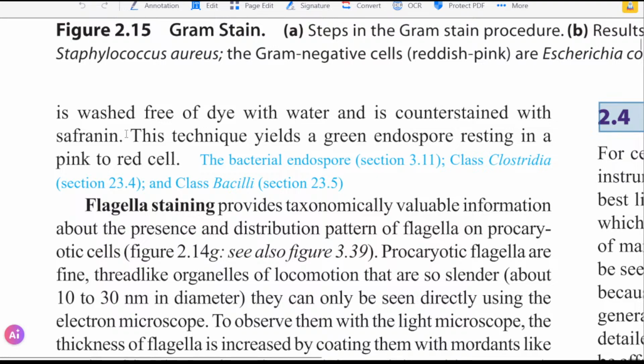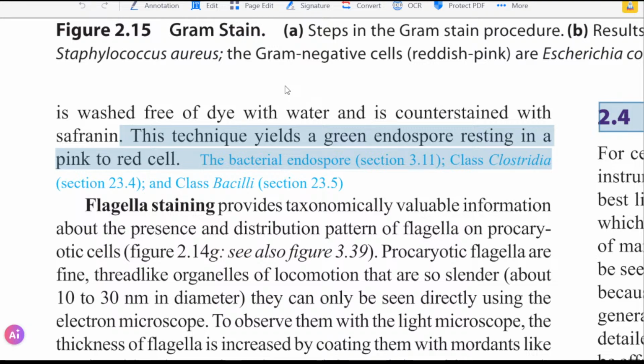They are saying that endospores show resistance to decolorization after the dye, but still they wash it with water and counterstain with safranin. This technique yields a green endospore resting in a pink to red cell. The endospore is inside the cell, so when you put the malachite green, it penetrates even inside the endospore. The endospore is resistant to washing, so it will never retain another color other than the first stain.